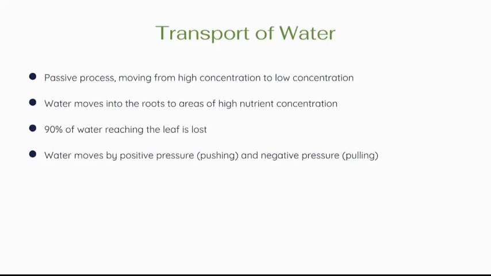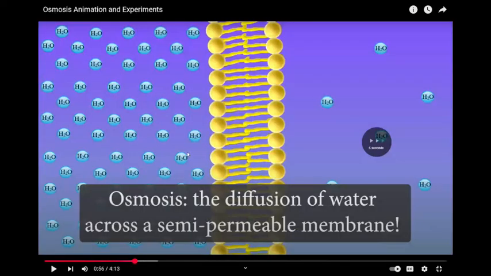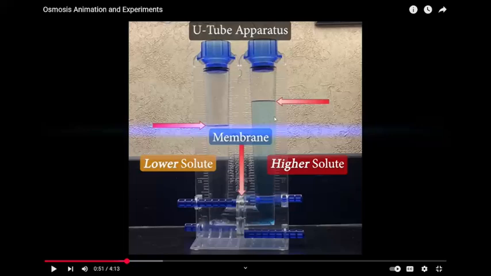So let me show. Okay, yeah, this is what I was talking about. You see, lower solute, higher solute. The water will essentially move to the section with the higher solute. And keep in mind, both of these have water in them. It's that the water likes to dissolve more solute. And this side had less water.